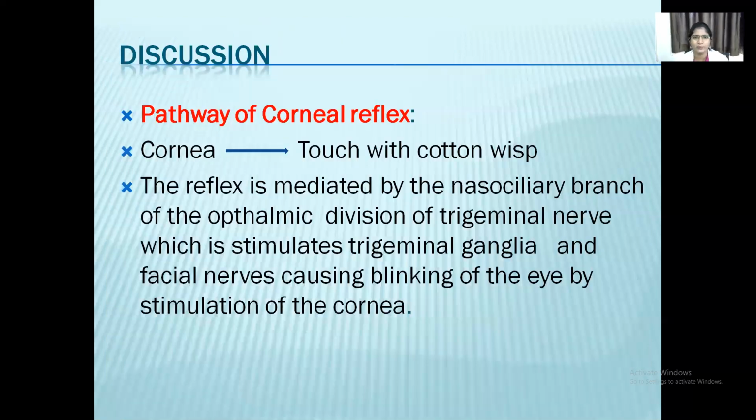And next one is the pathway of the corneal reflex. When we touch the cornea with cotton wool, the reflex is mediated by the nasociliary branch of the ophthalmic division of the trigeminal nerve, which stimulates the trigeminal ganglia and facial nerves.